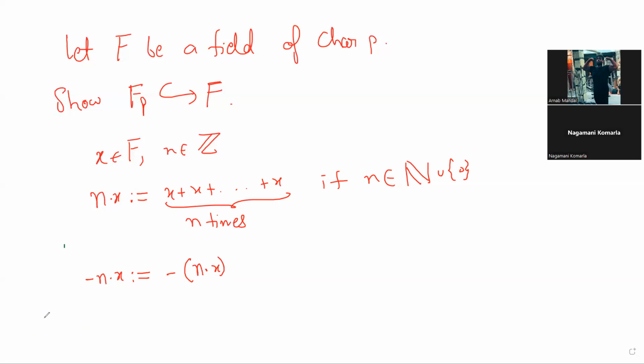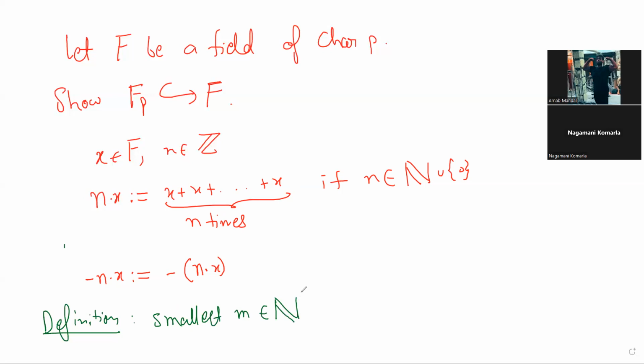Okay, so if the multiplicative identity is k, then we have to show that the smallest n such that n times k equals 0. Okay, multiplicative identity is k, m times k is 0. Yeah, so I'll write it properly as you said. Smallest m in, yeah, so here you have to say a few things. Multiplicative identity is 1.